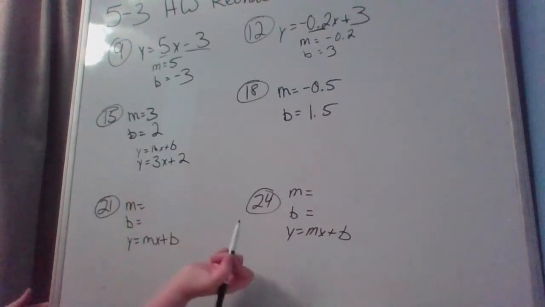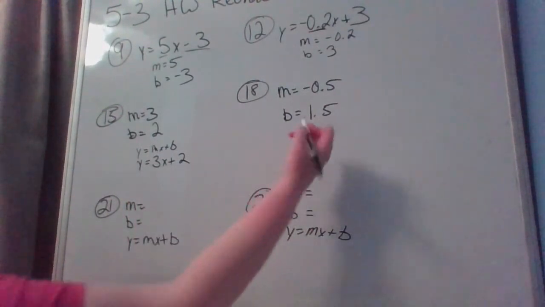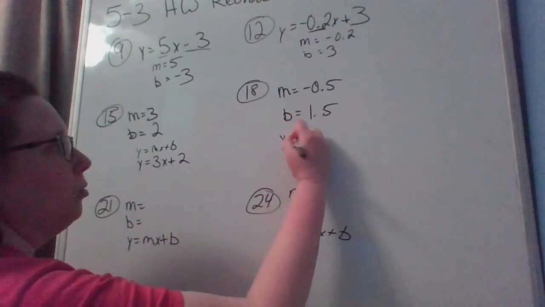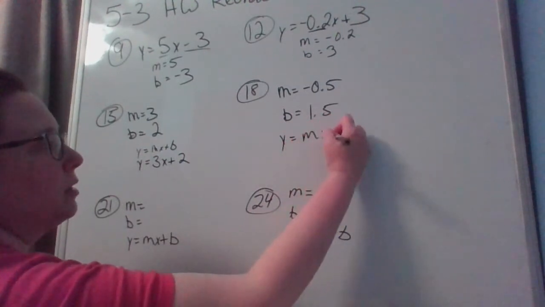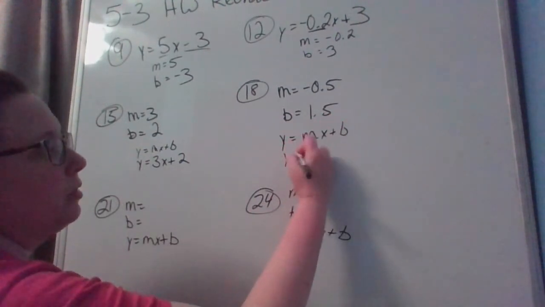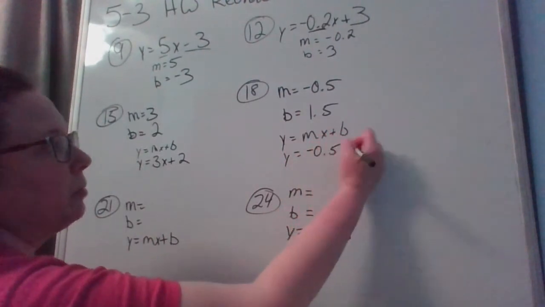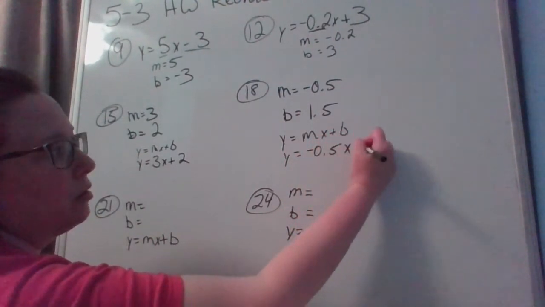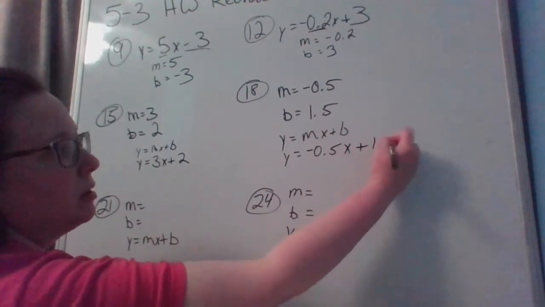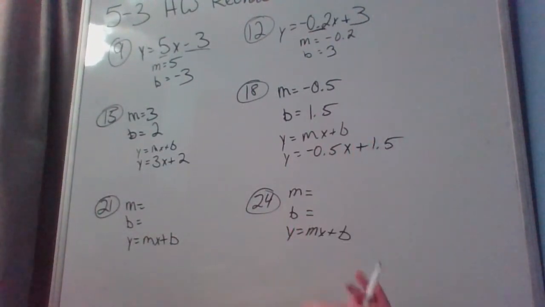So y equals 3x plus 2. Over here, again, we're replacing the m and the b. The x and the y stay. Here we would have y equals -5x plus 1 and 5.